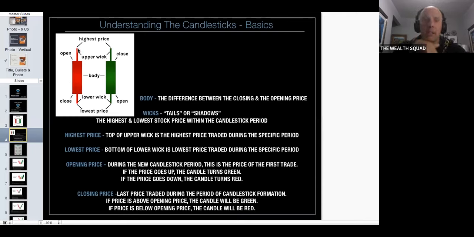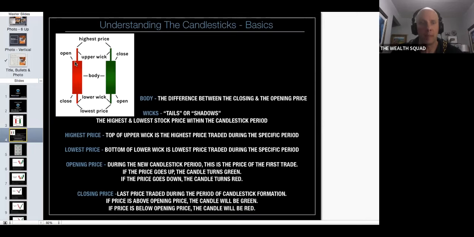The highest price on the wick, the top of the upper wick, is the highest price traded during that specific period, whatever your time frame is, right? The 15-minute, the 5-minute, the 1-second, whatever you're using. The lowest price is the bottom of the lower wick, and it's the lowest price traded during the specific period, whatever your time frame is.